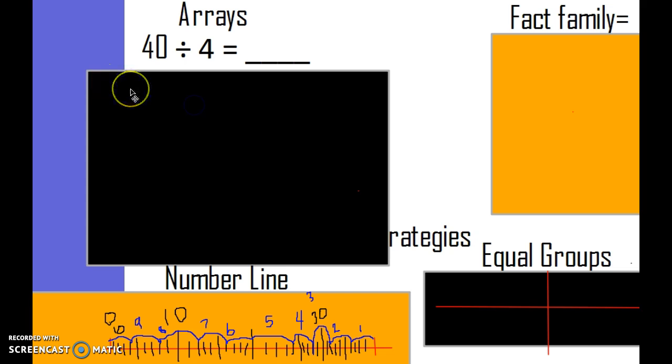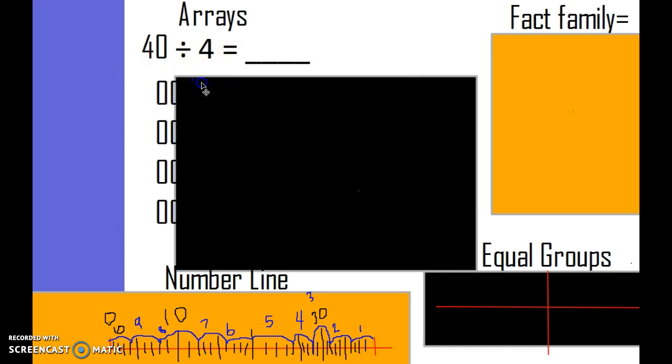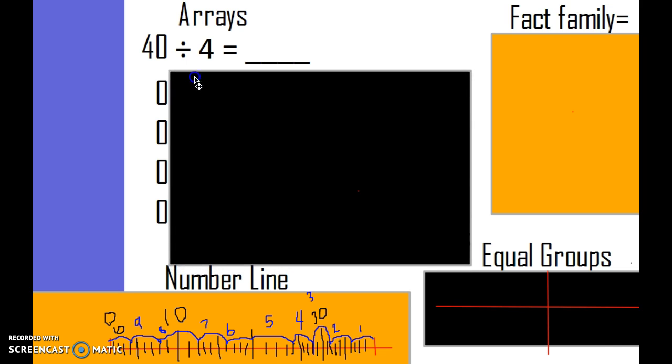Alright, so let's look under here and think about an array. When we do arrays, we do the side and the top, and we use that to be able to multiply. So let's do it with division. If we want to divide 40 by 4, we want to start with 4 over on the side, just so we can start our first rows.